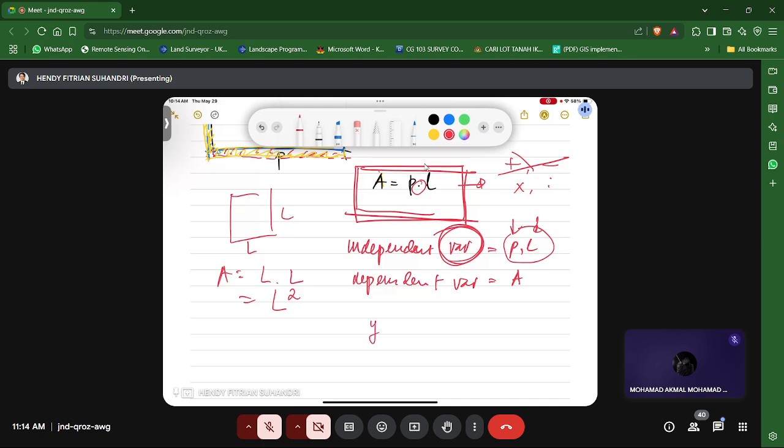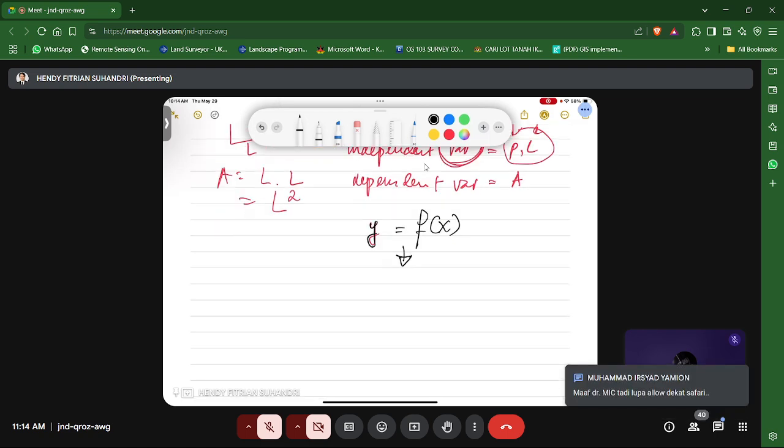So, bila dia diklasifikasikan sebagai persamaan yang non-linear, Y sama dengan Fx, sementara dalam law of propagation, ia dinyatakan mestilah dalam persamaan yang linear.